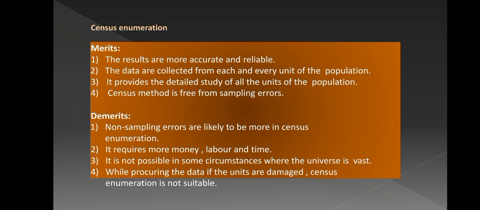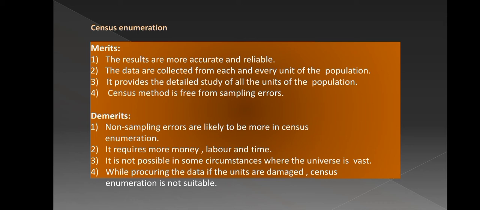And the fourth one is that the census method is free from sampling errors. Now what are sampling errors? While collecting data, sometimes there will be some mistakes, like we may collect wrong information knowingly or unknowingly. If there is any mistake while collecting the information of the sample, the mistake is called an error.